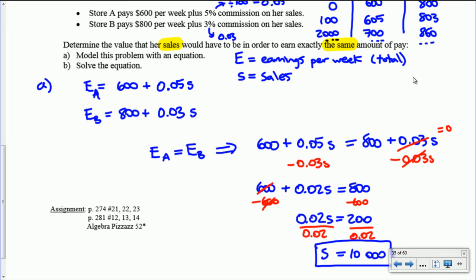So it'll be better to work at store B if you sell less than $10,000 because of that higher base pay, less commission though. So store A would be a better choice if you're regularly selling more than $10,000 worth of stuff.